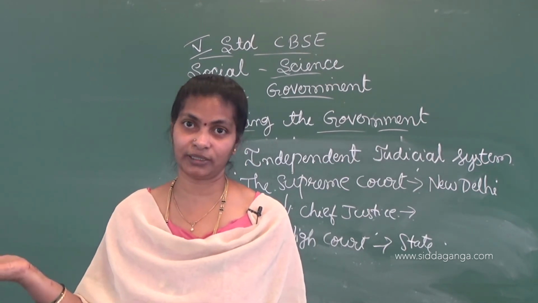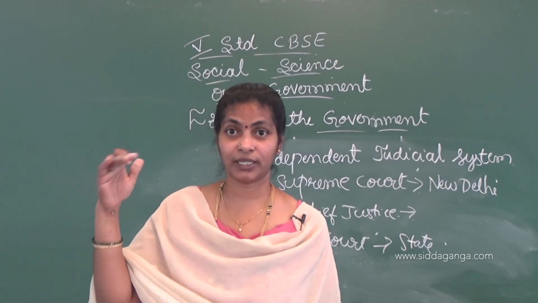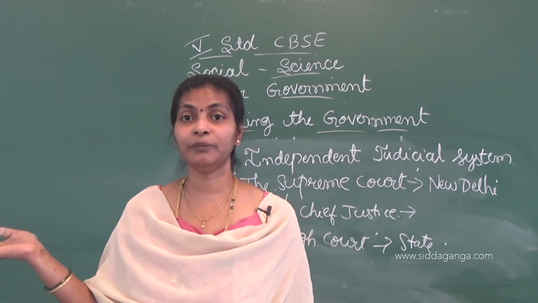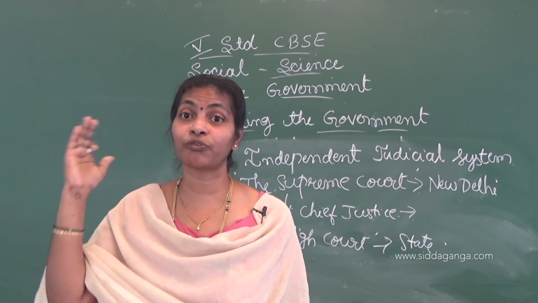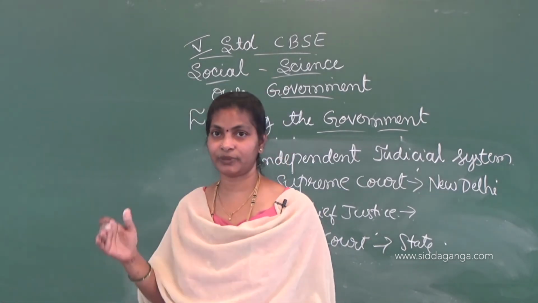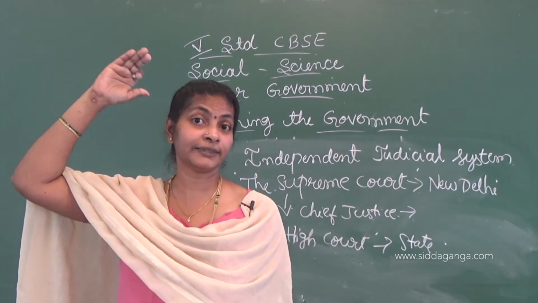That is final. There is no court higher than the Supreme Court. The decisions of the Supreme Court are final. So in this way, the Supreme Court is at the center level.